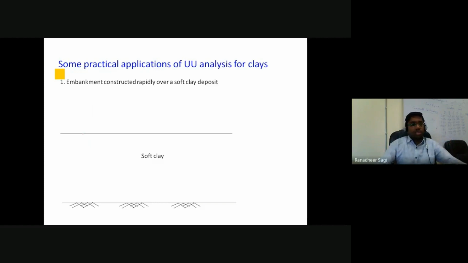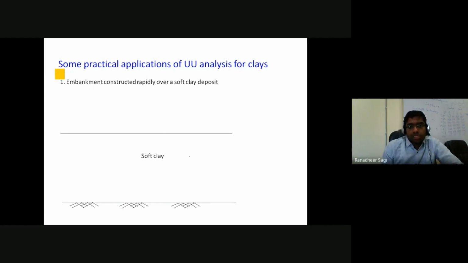So what are those practical applications where we come across the need to perform what is called a UU test on clay soil? Same type of examples, but the conditions in those cases are getting changed.